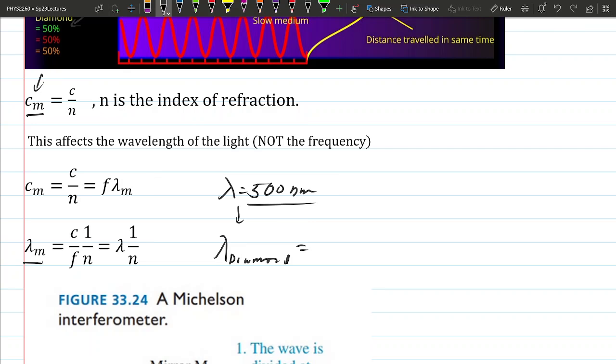It's going to be 500 nanometers divided by 2, in other words 250 nanometers. When the light enters a particular medium, it shortens the wavelength by a factor of the refractive index.